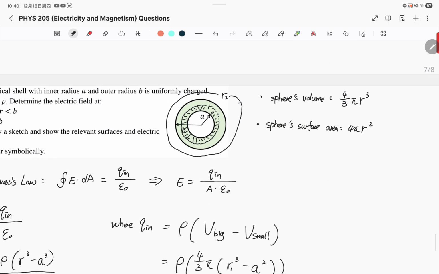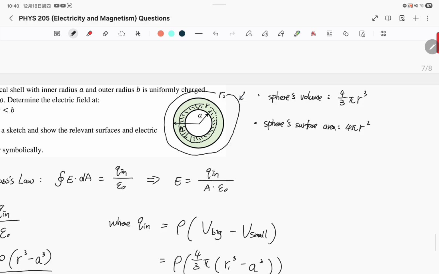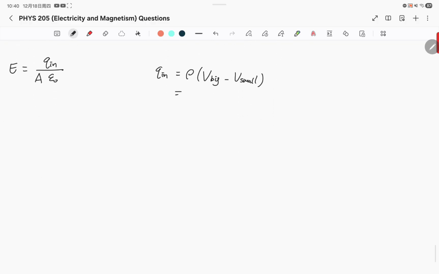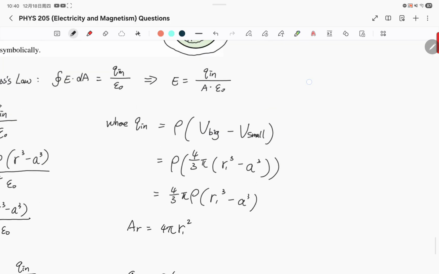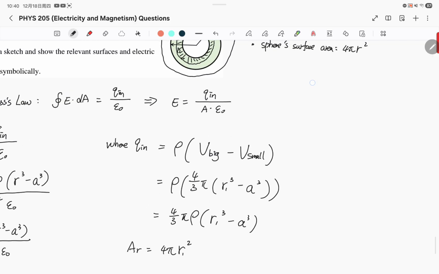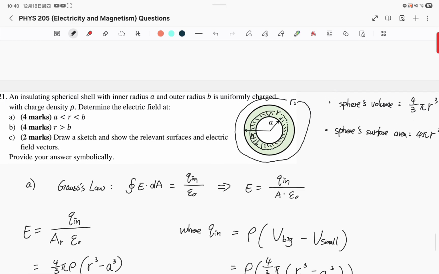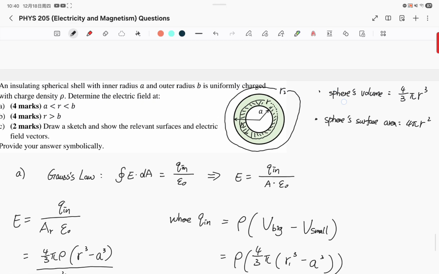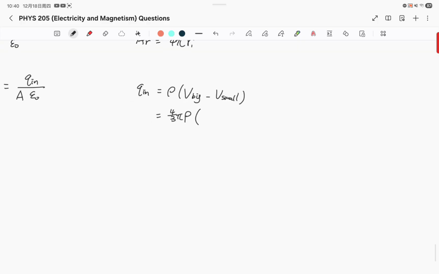V big is this radius, and V small is this radius. So that is 4/3 pi rho times R cubed minus B cubed.